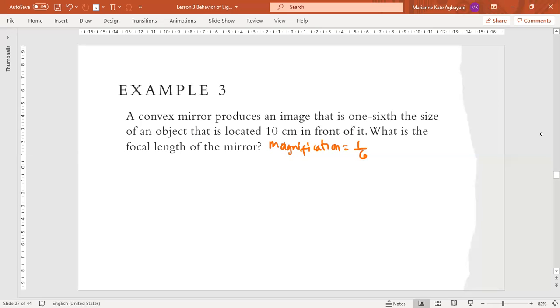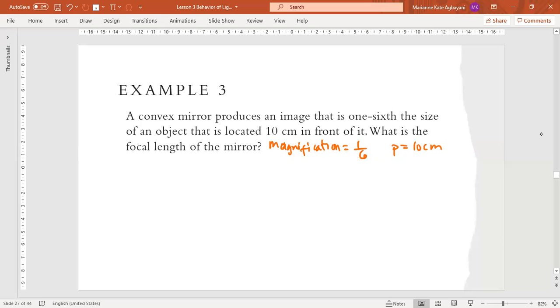The location of our object is 10 centimeters, so that means our P is equal to 10 centimeters, kasi 'di ba yung P natin, yan yung distance ng ating object to the mirror.